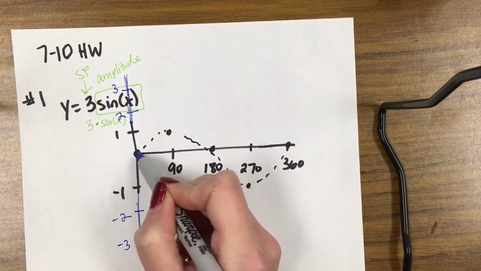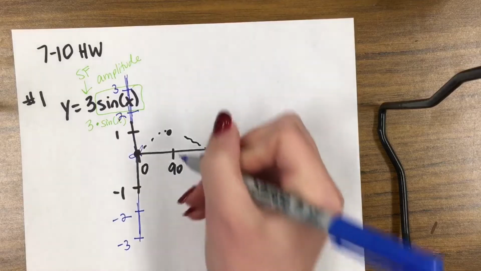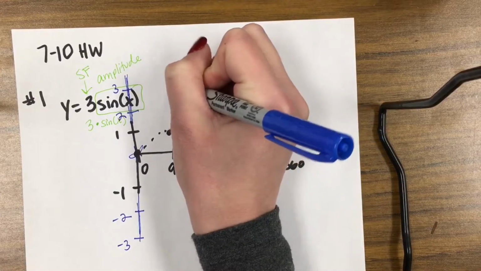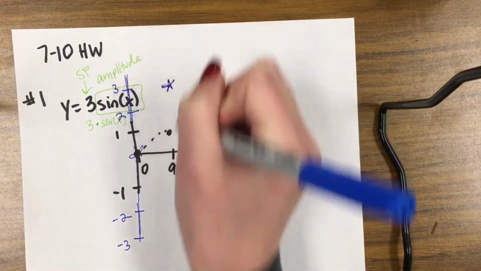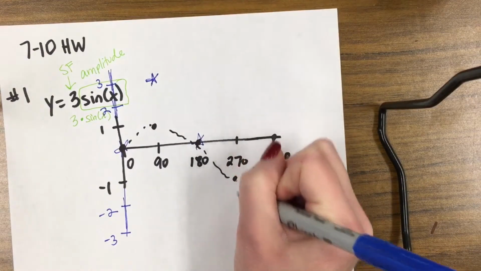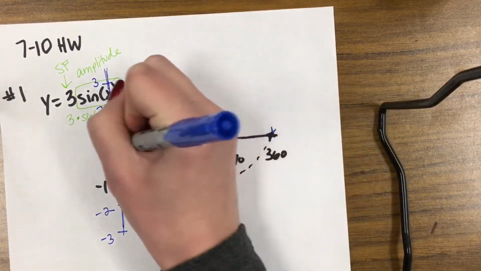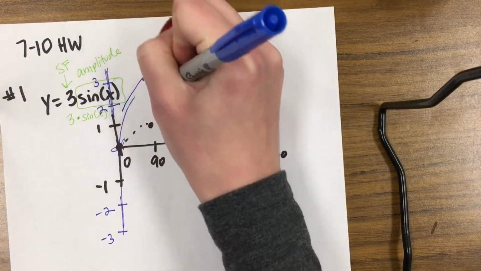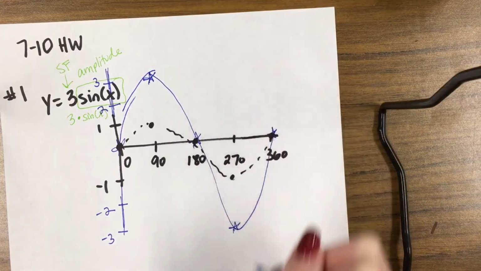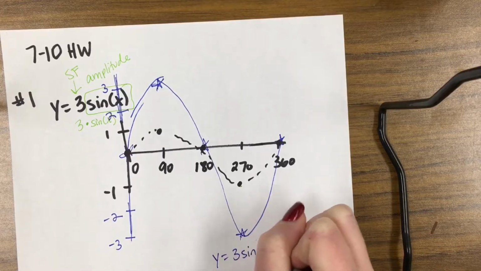This y coordinate is 0. 0 times 3 is going to stay here at 0. 1 times 3 is going to move up to here at 3. 0 times 3 is still 0. Negative 1 times 3 is at negative 3. And this one stays at 0.